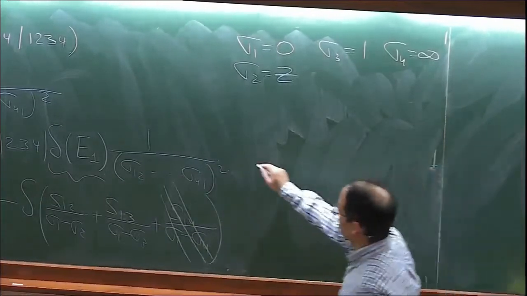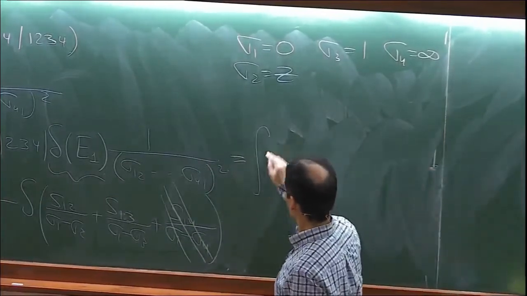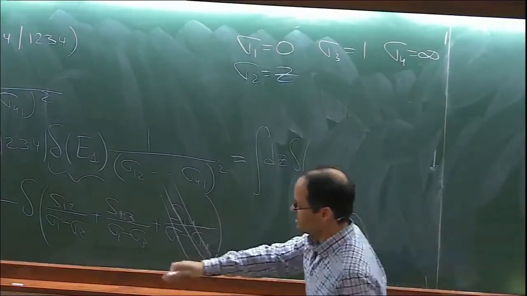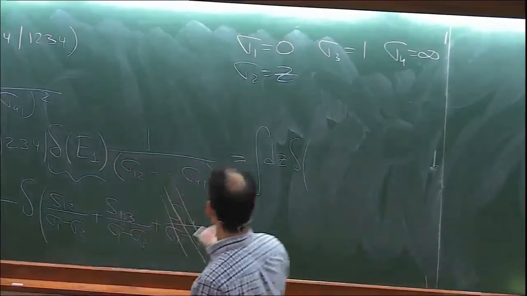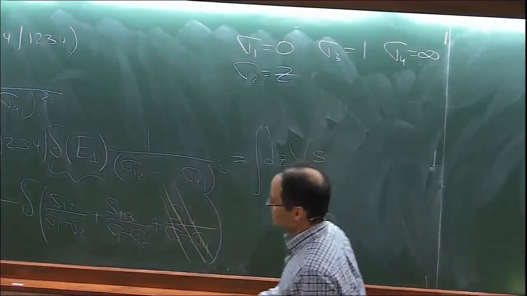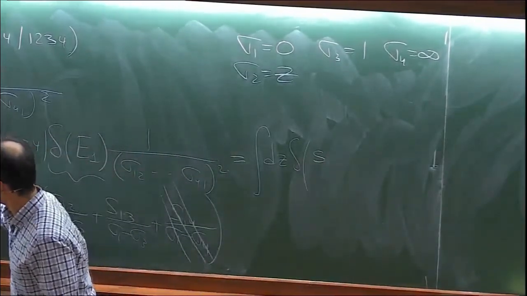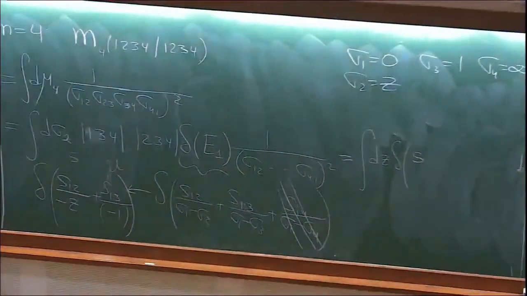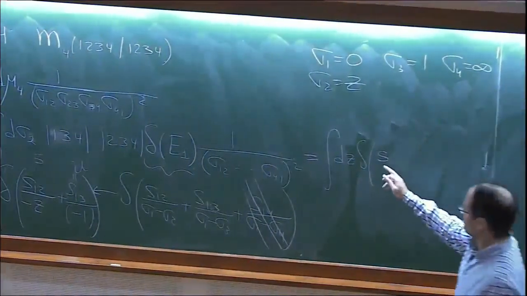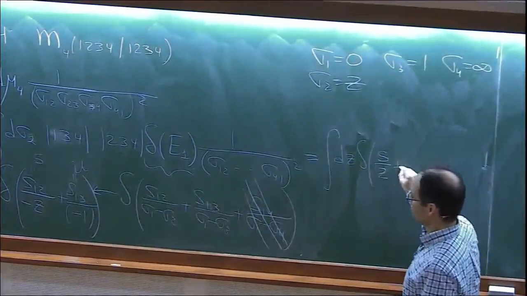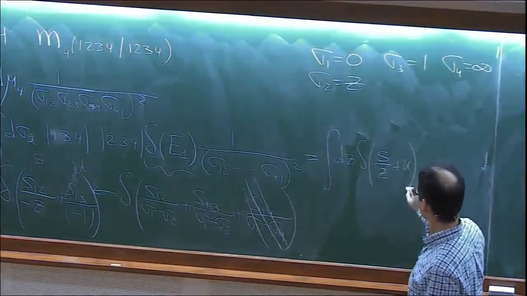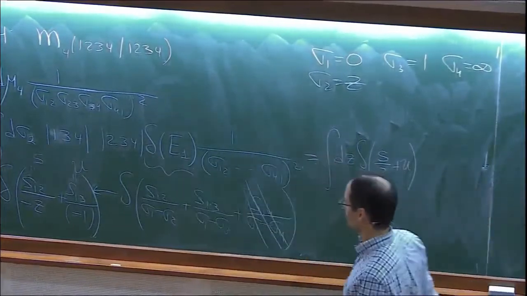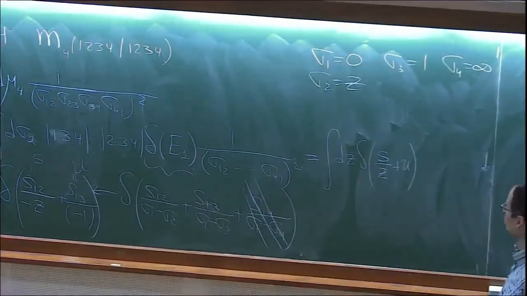Now let's try to write the whole thing. We're going to have the integral over z. The minus signs don't matter here. So we have, and I'm going to call this s, and this u, as you know very well, that's the convention that I like. So we're going to have s over z plus u. And the rest is going to be this combination of objects that I have to figure out how to evaluate.